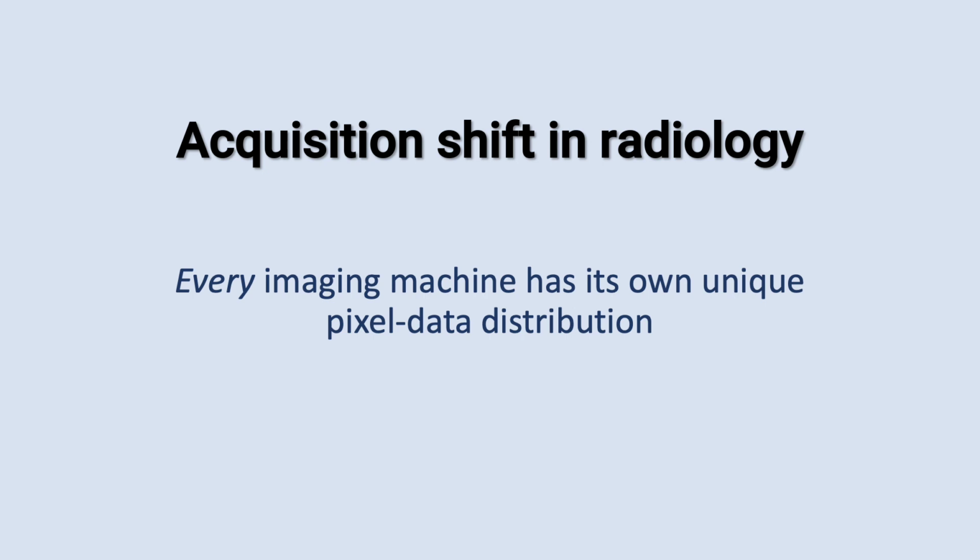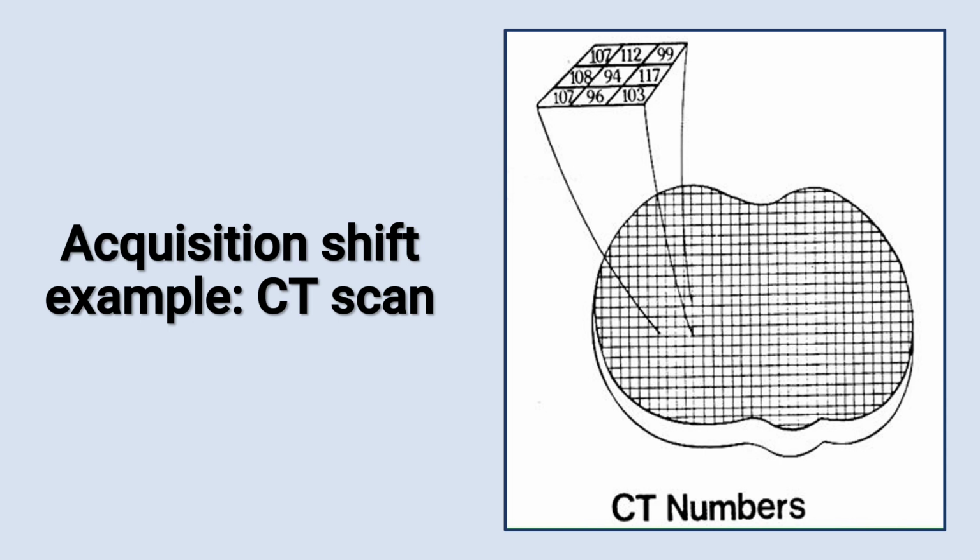So acquisition shift in radiology, something has to acquire the pixels. And every imaging machine has its own unique pixel data distribution because each machine acquires the pixels slightly differently. Let's use CT scans for an example.